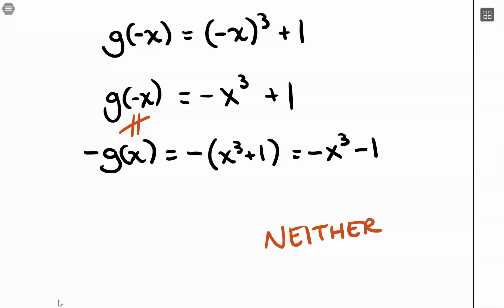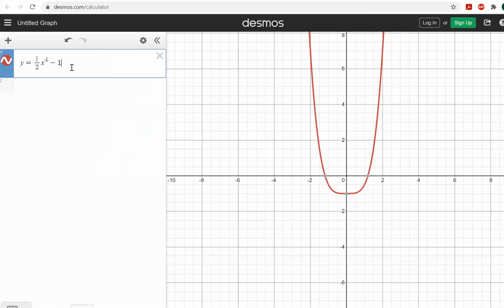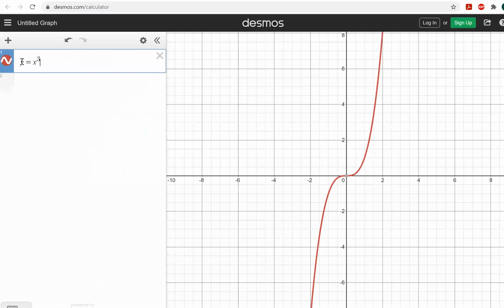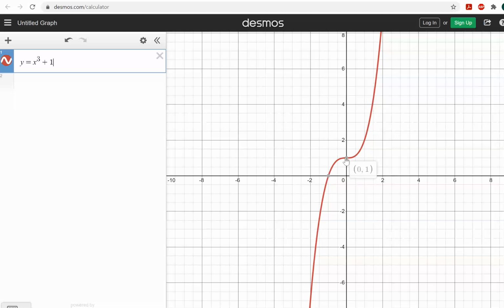So let's take a look at the graph of this. x cubed plus 1. So if I start reflecting, I could reflect over the y-axis and get this kind of squiggle. I would still be going through this point 0, 1 there. But then when I reflect over the x-axis, that 0, 1 would then be down here at 0, negative 1.